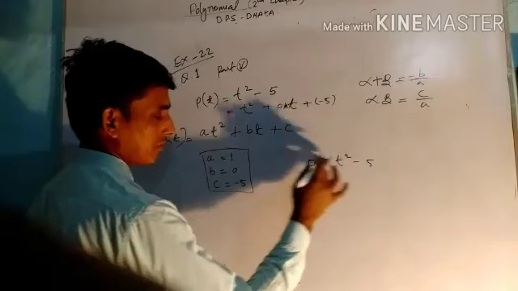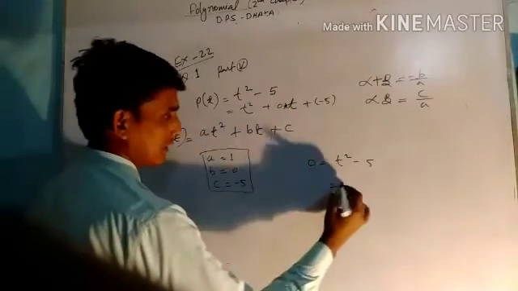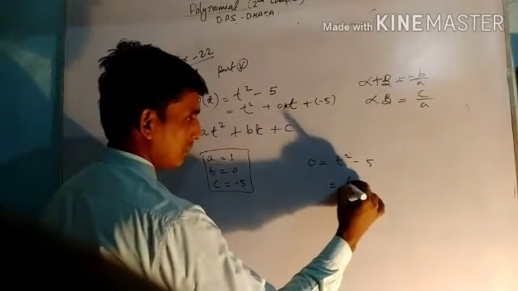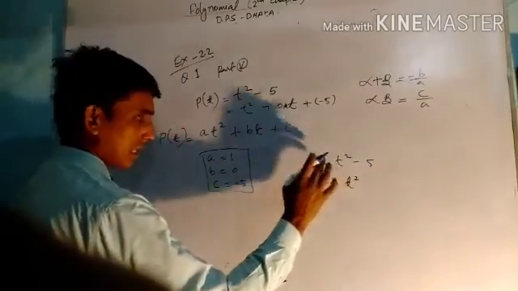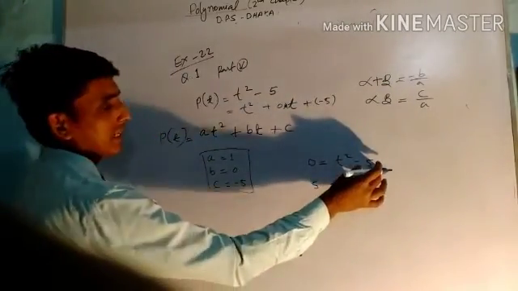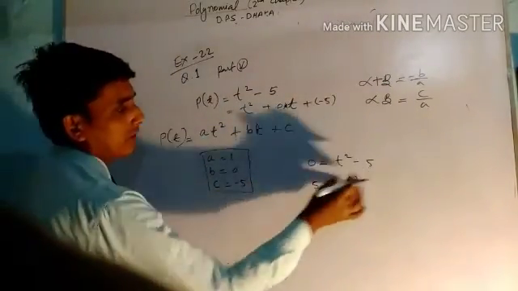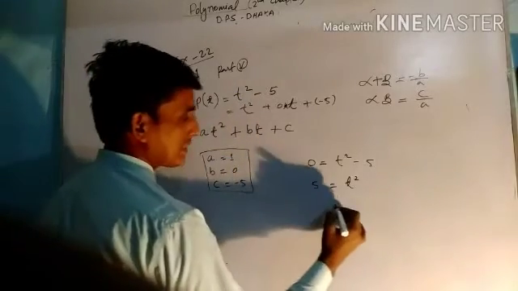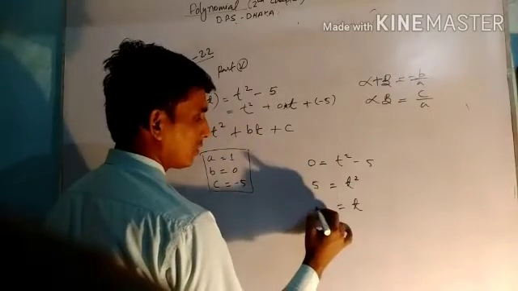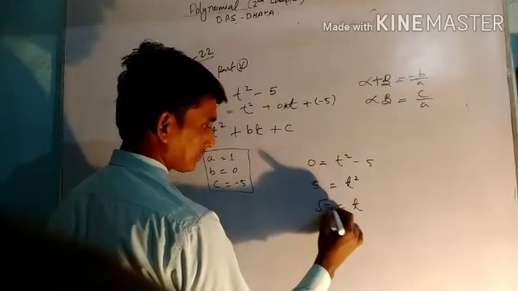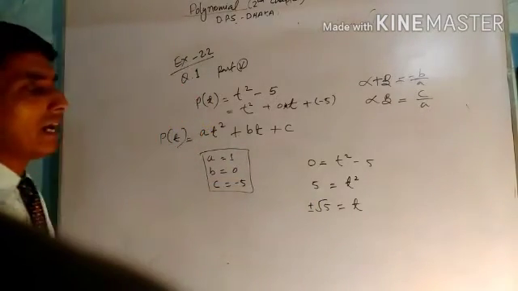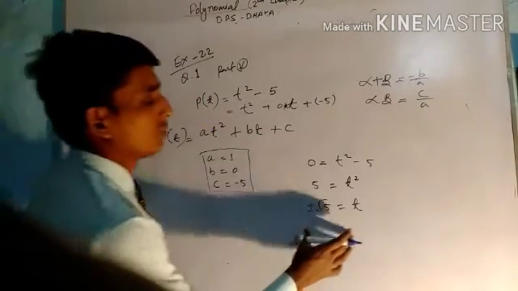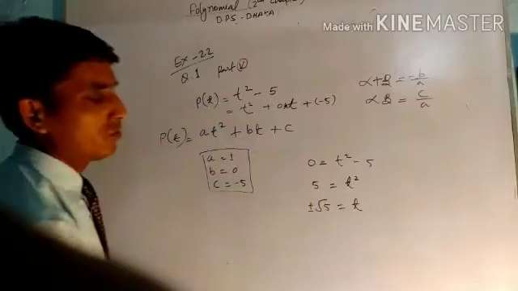So bring this 5 to this side, so it will be t square is equal to 5. Here on the left side it is negative, this 5 is negative, so it will become positive on the right side. So t is equal to plus minus root under 5.